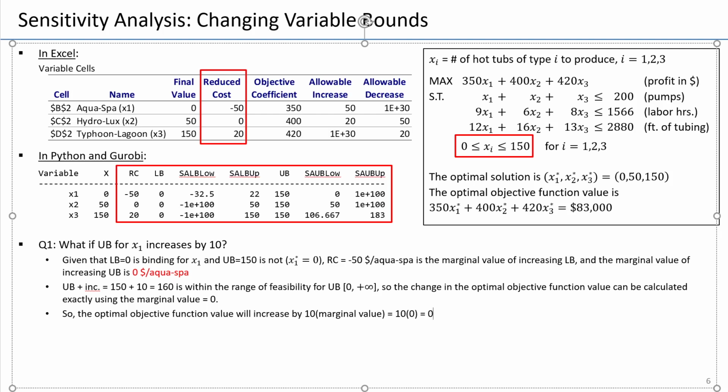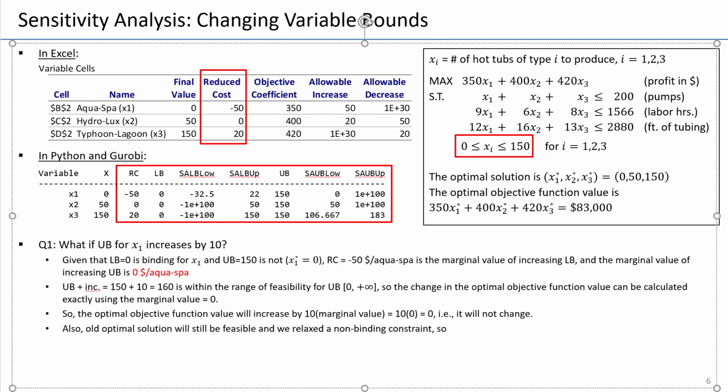So actually it will not change, i.e. it will not change, right? And also, the old optimal solution will still be feasible, and we relaxed a non-binding constraint.